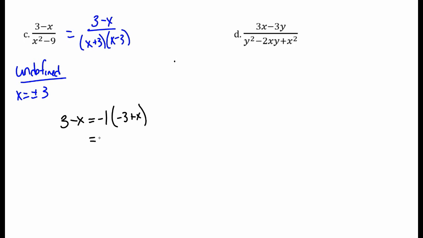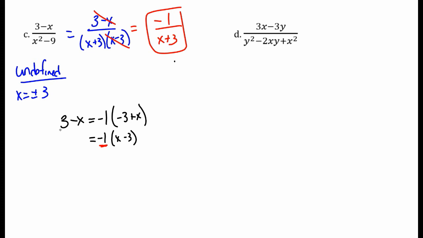And if I apply the commutative property there, I get x minus 3. So these two factors do divide out, but they just don't divide to 1. They end up leaving behind a -1. So we have to be careful of these pesky -1s.